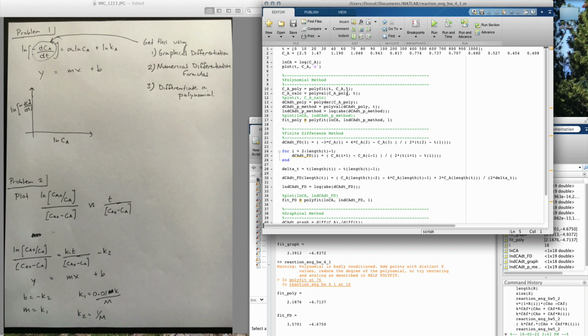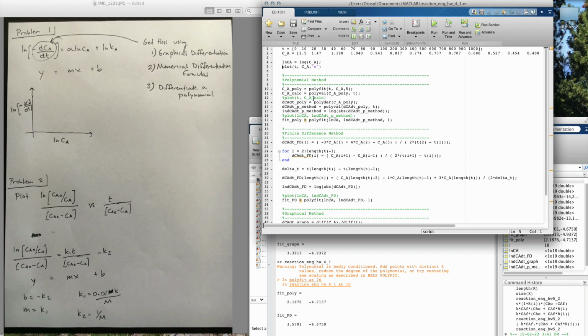You can even see down here, because I ran it a minute ago, it's saying that the polynomial is badly conditioned, add points with distinct x values, or reduce the degree of the polynomial. No matter what I picked for the degree, it always had that warning. So I just don't know if this method was working very well.